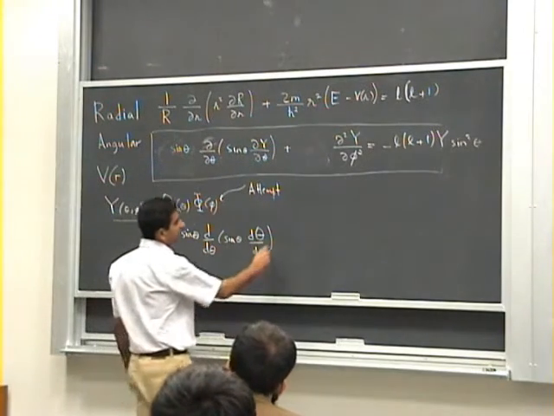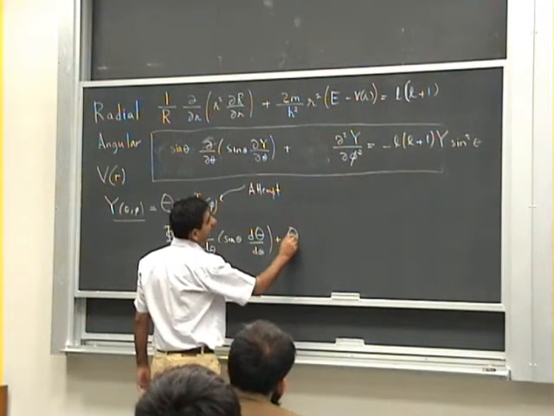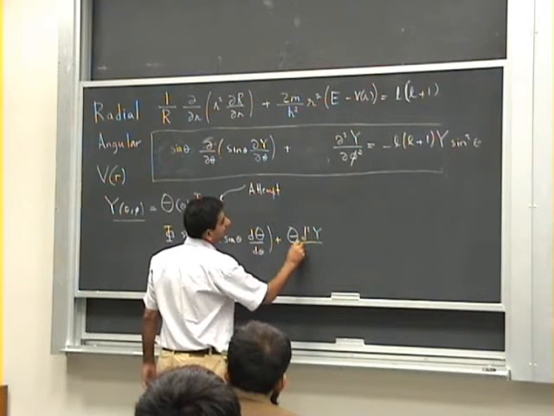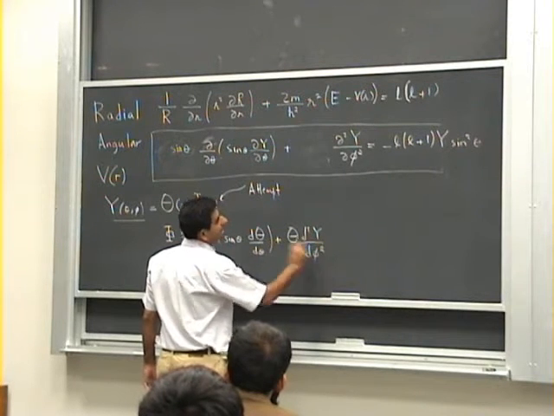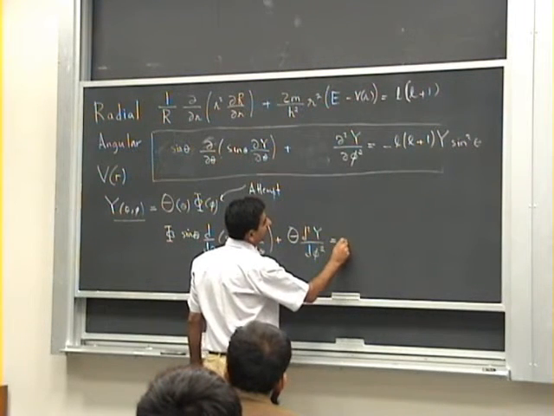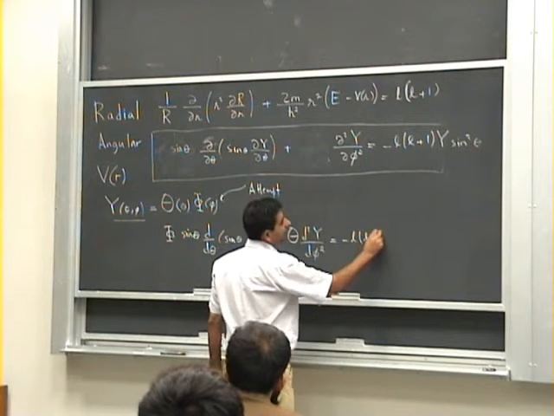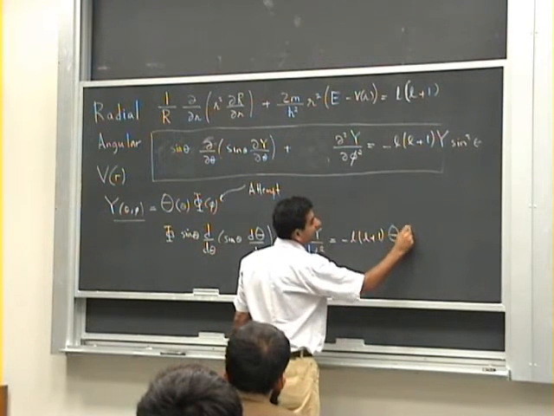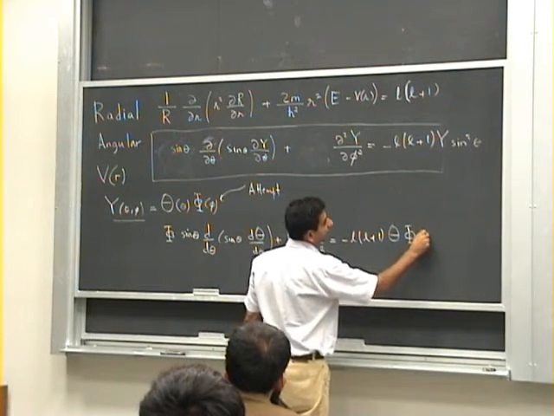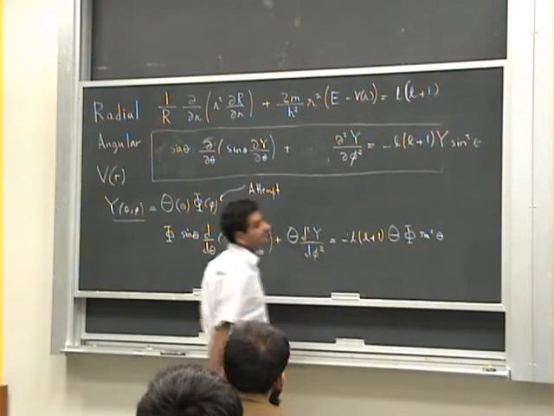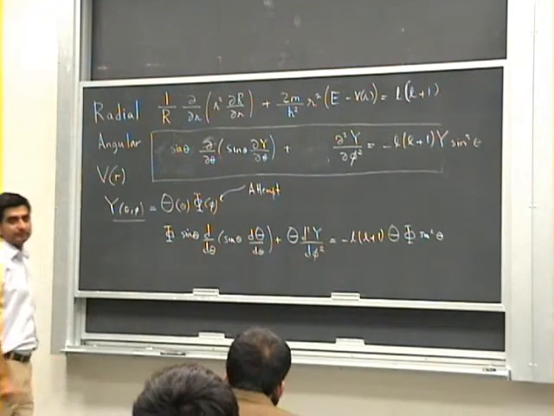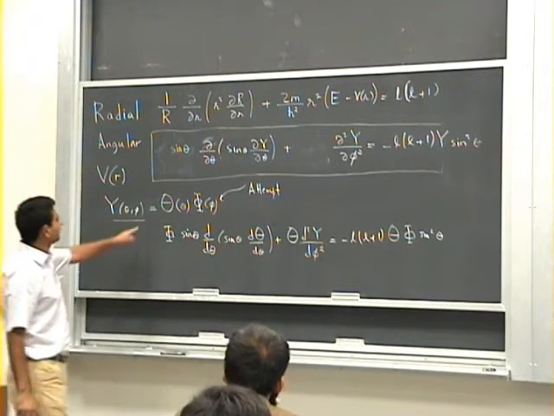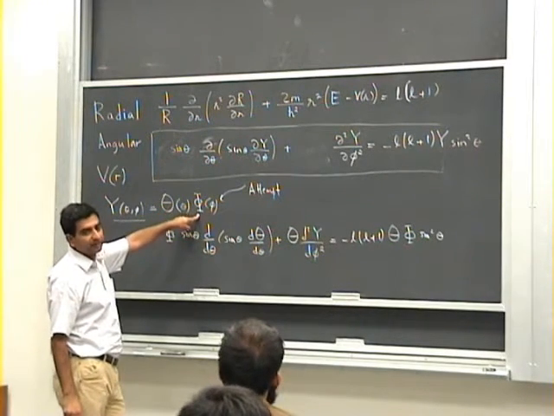The second term turns out to be capital Theta d squared Phi by d phi squared equals minus L(L plus 1) capital Theta capital Phi sin squared theta. Correct? I've just replaced capital Y by capital Theta into capital Phi.